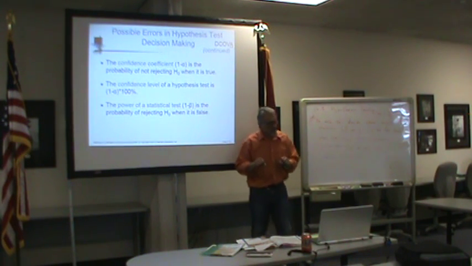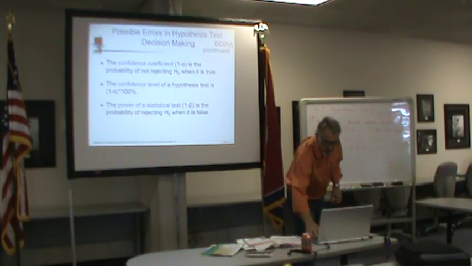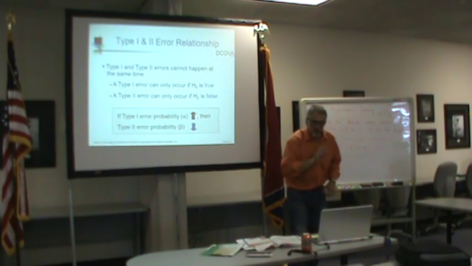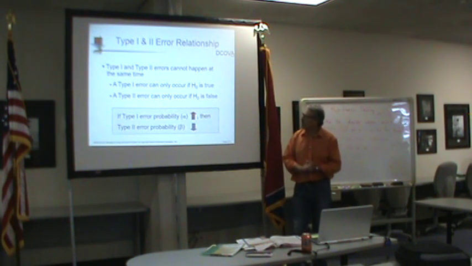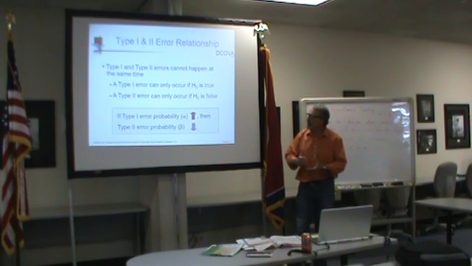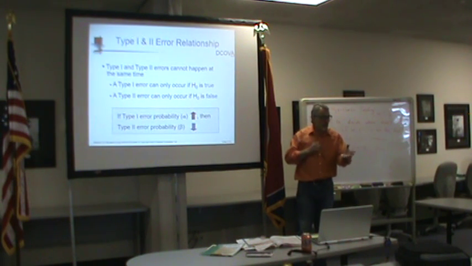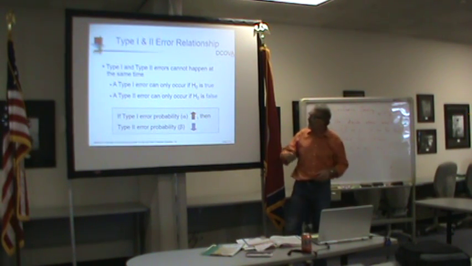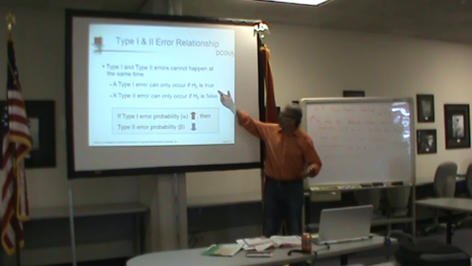And again, it takes a little bit of study and a little bit of thinking. So you can only get a type 1 error if H0 is true, right? Remember where it was in the box? The type 1 error was rejecting H0 when it was true. Well, you can't have that if H0 wasn't true.